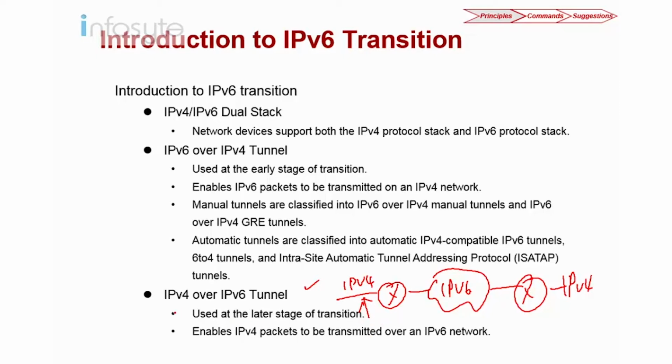So that is where IPv4 over IPv6 will be used, later on in our transition. Okay, so it will be maybe many years ahead of us. It enables IPv4 packets to be transmitted over IPv6. I can imagine that this is purely used for maintaining very legacy or old systems in a new IPv6 environment.